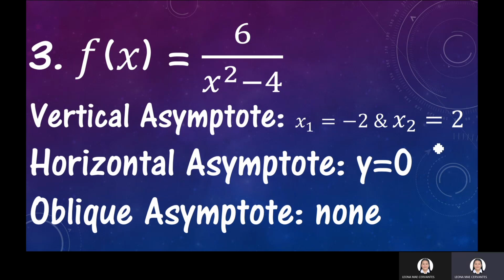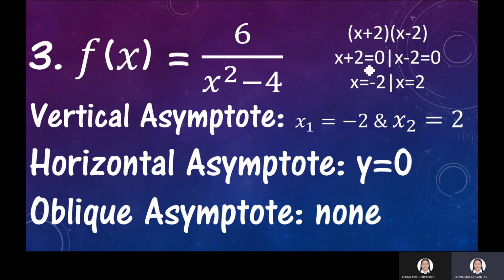Next, number 3, f of x is equal to 6 over x squared minus 4. So, denominator, x squared minus 4. Then, factor, x plus 2 times x minus 2.